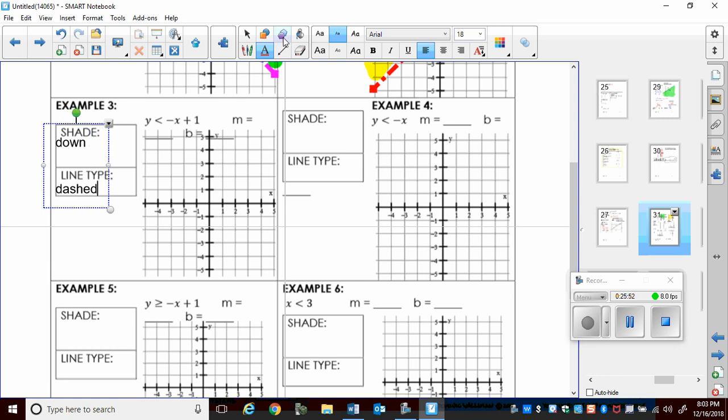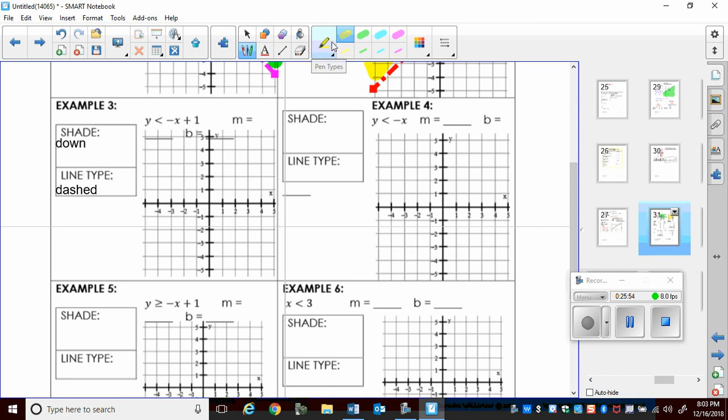My slope is -1, divide by 1 to create that run, and start at 1. So here I am starting at 1, and let's make that red. I go down 1, right 1, make a point.